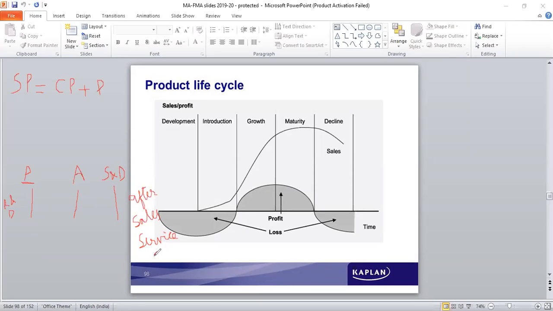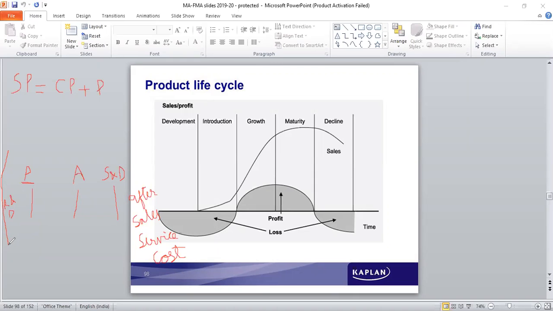So these costs also have to be recovered from the revenue which is generated. The product life cycle suggests that there is an entire lifetime starting from the introduction stage, that is research and development, until after the product is sold and some services which are provided.